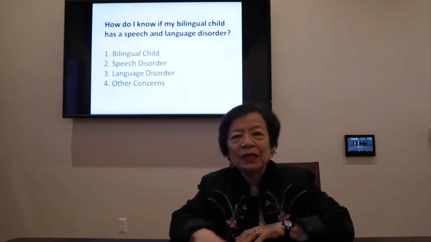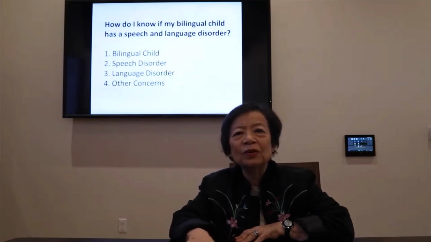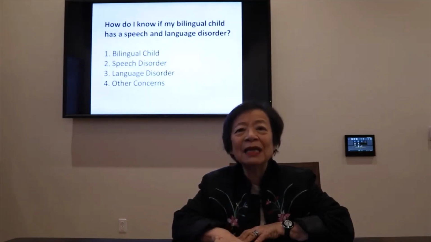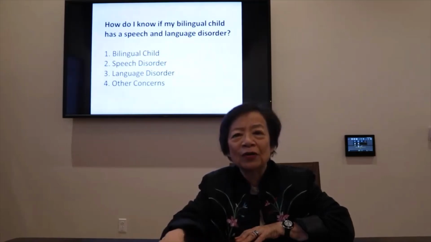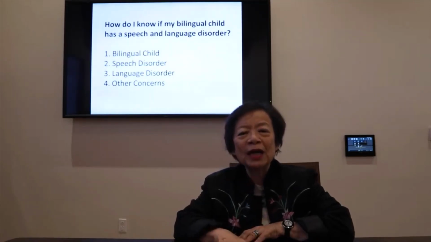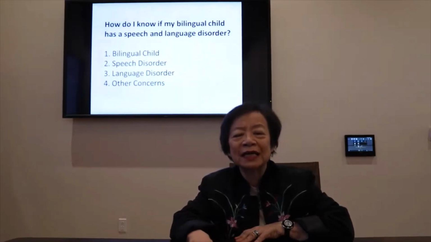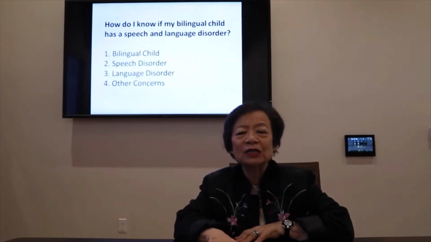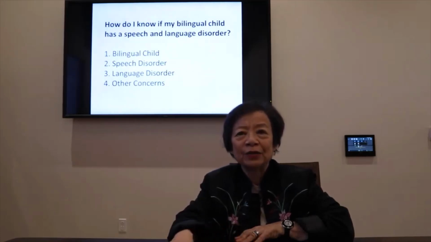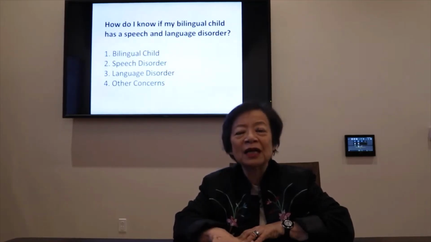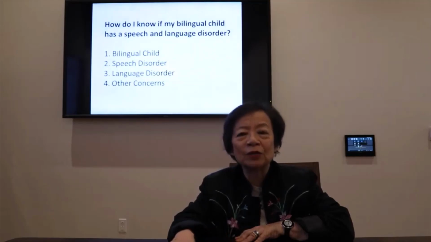And perhaps an even better definition is a child who is able to understand 2 languages. A child may not be able to speak 2 languages equally well. And so when we have an issue in a school setting, it is because this child understands the school language minimally, but may understand his or her home language quite well.